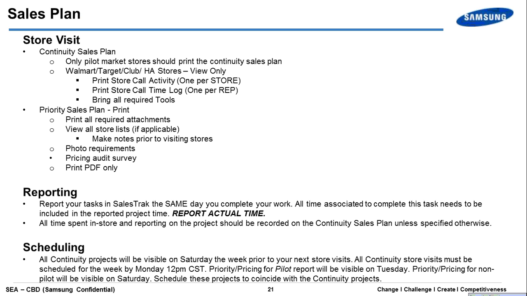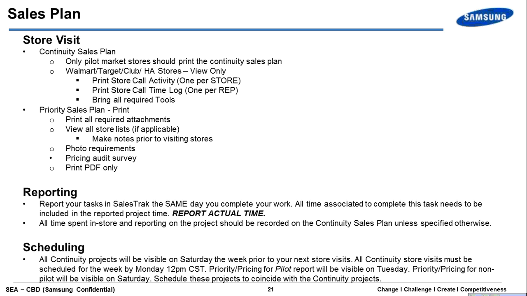Priority sales plan, that is a print sales plan, and then print all the required attachments listed there on the front page. We'll talk about store list in just a moment, and then all files are usually in a PDF, and sometimes accompanied by an Excel file. But if you have any trouble opening those, talk with your territory manager.